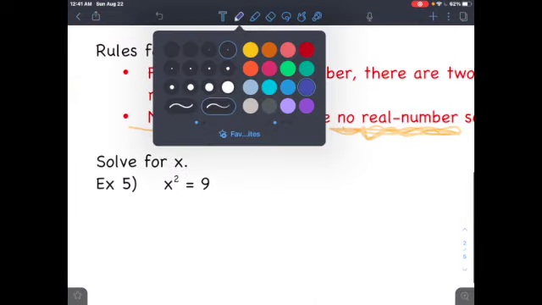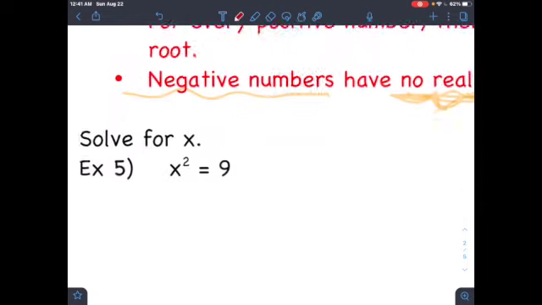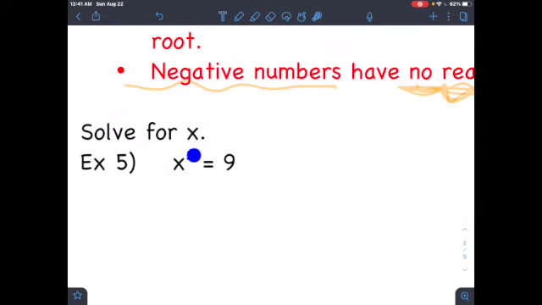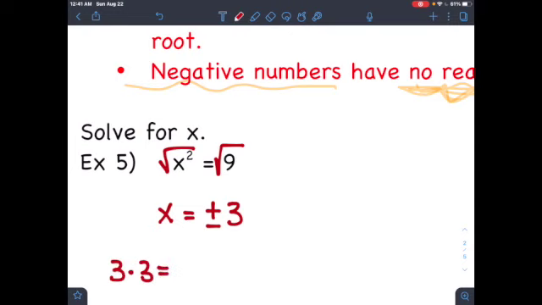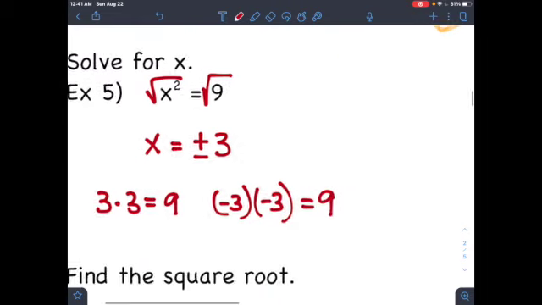In example number 5, the square cancels out with the square root, which leaves you with x, so you just take the square root of both sides, and x is going to equal positive and negative 3. The reason it's positive and negative 3 is that 3 times 3 equals 9, but negative 3 times negative 3 also equals 9, and that's why you can have two answers.